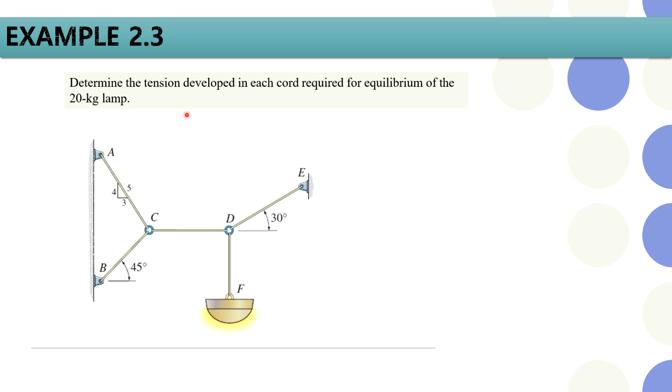For example 2.3, we have a slightly more complex system. A 20 kg lamp is supported by multiple cords and rings at points C and D. So when you see a problem like this with multiple connection points, don't panic.